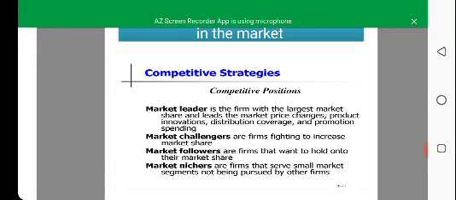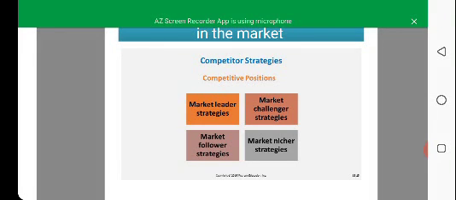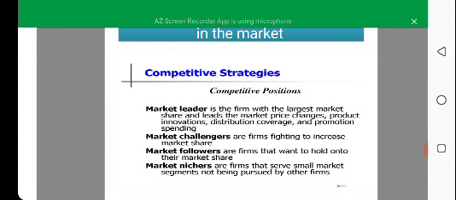Then the final competitive strategy is market niche strategies. Market nichers are those companies who work in the smallest segment within the segment. Let's suppose there is a segment of tablets.